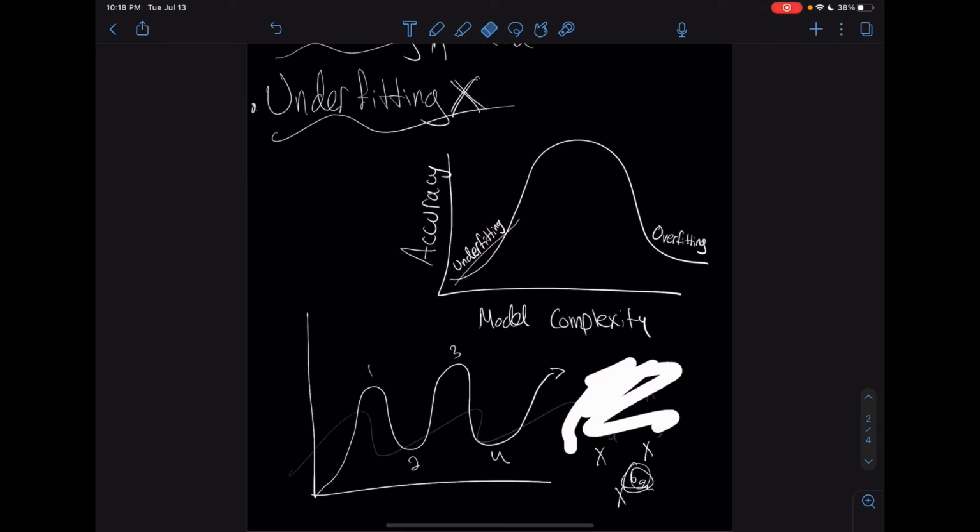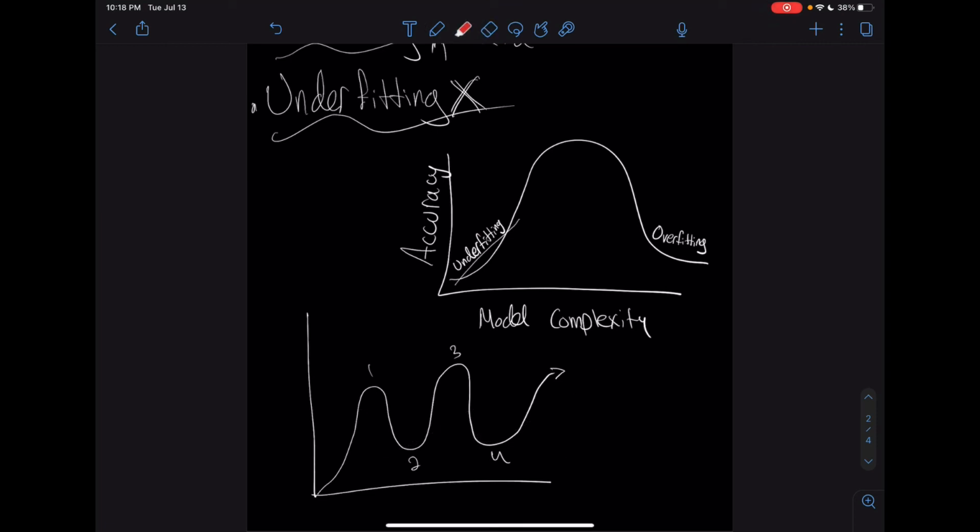That represents model complexity. Because let's say our function, which represented this model, was x to the sixth plus x to the fifth plus x to the fourth plus x to the third plus x squared plus x.